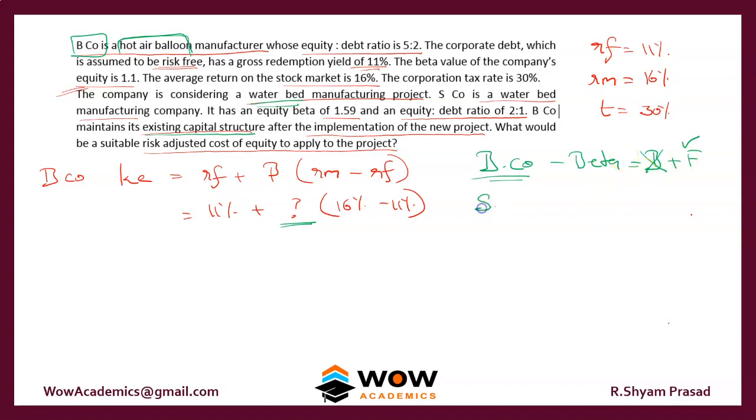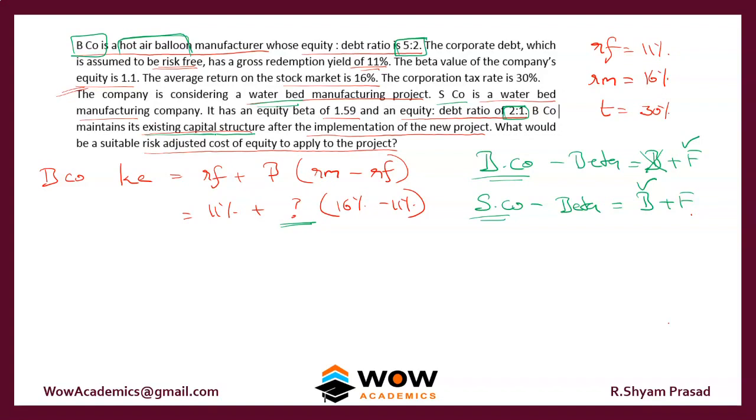If we take SCO's beta, SCO again has two risks, one business and the other finance. But again, we have a problem. They are into the business that we want, but their capital structure is different. For example, BCO's capital structure is 5 to 2, but SCO's capital structure is 2 to 1. The problem says that the capital structure of BCO is not going to change.